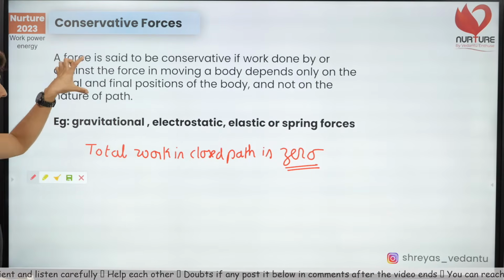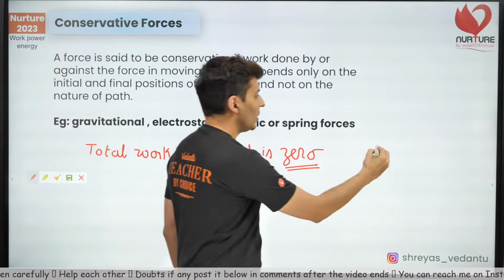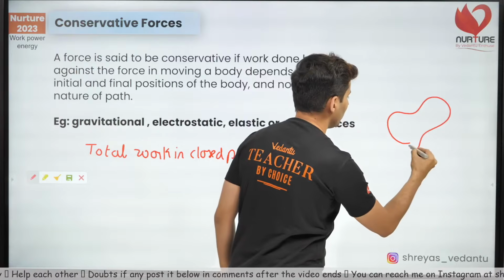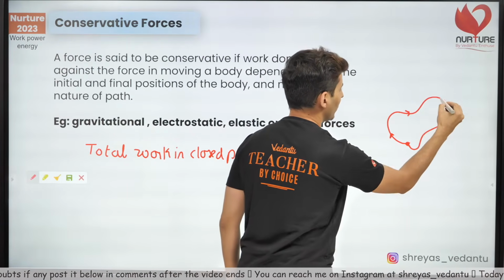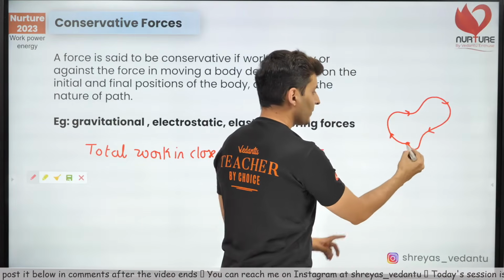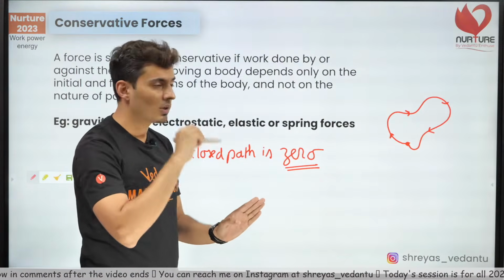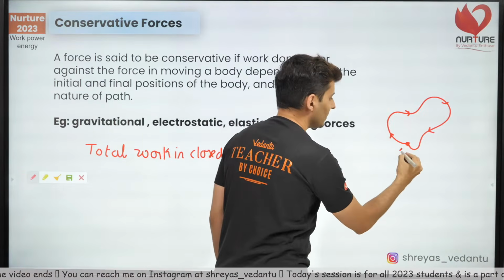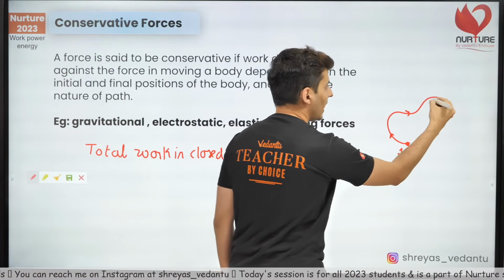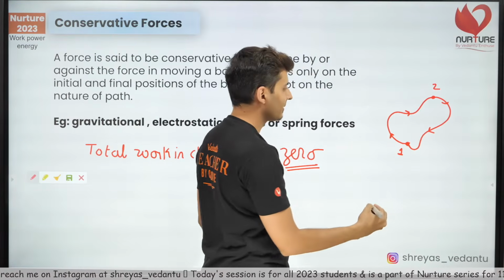This statement says that because the total work done in a closed path is 0, when you go around and come back to the same point, it also means one more thing. Just imagine I take some random point 1 and random point 2 over here.